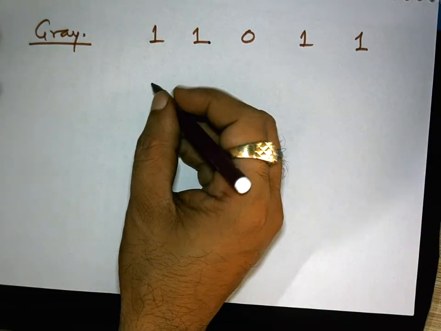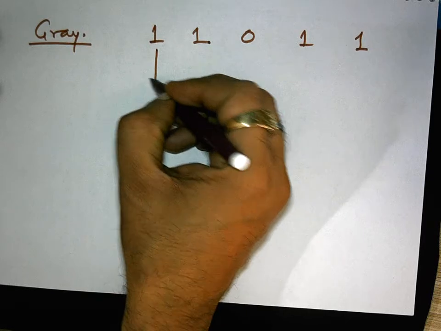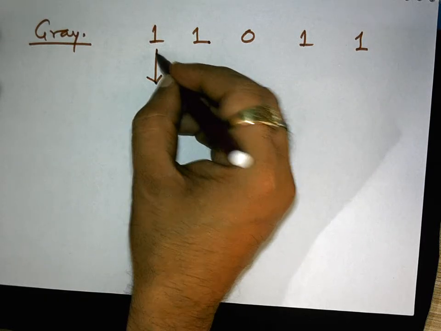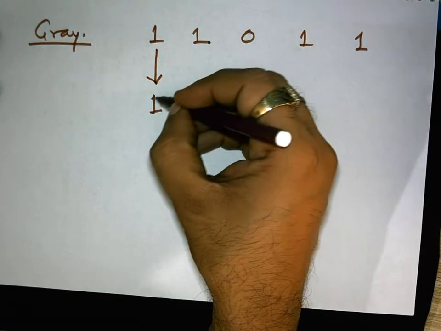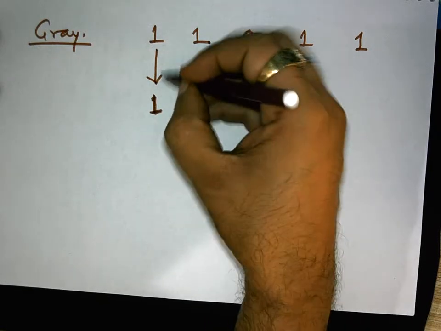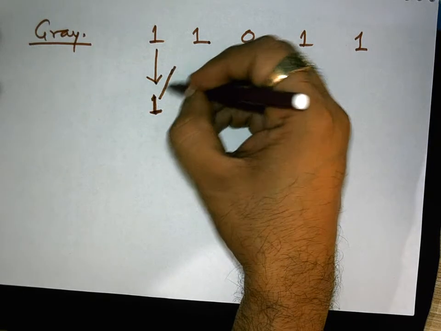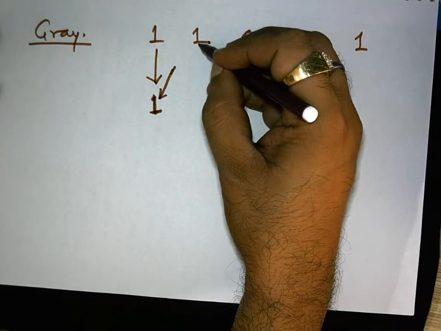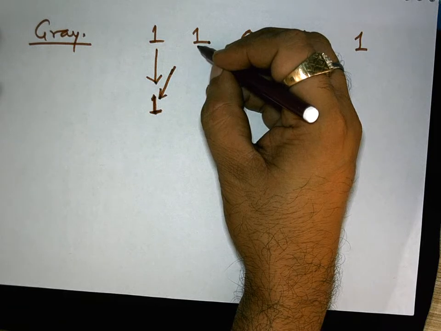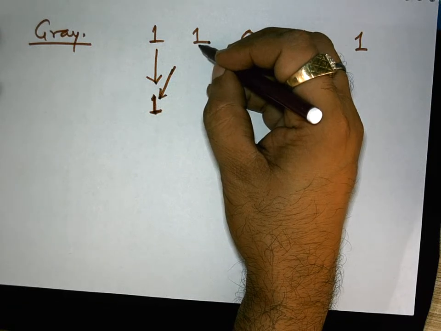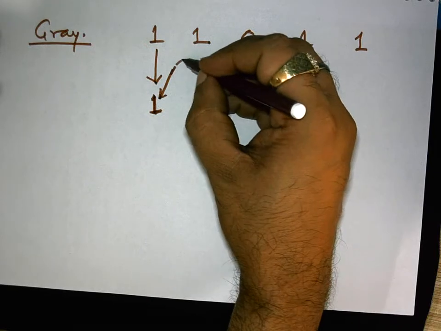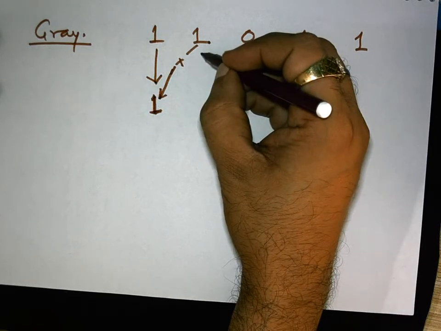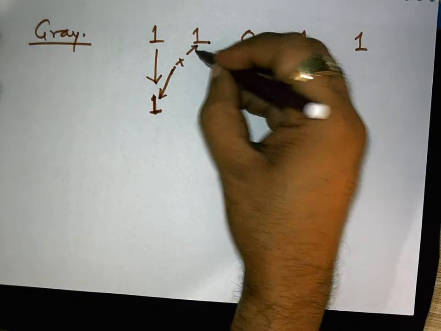The rule to generate binary is you just make a copy of the MSB, and then you add this MSB which was formed in binary with the next adjacent bit of the Gray pattern. So we add this with this, and we generate this sum over here.